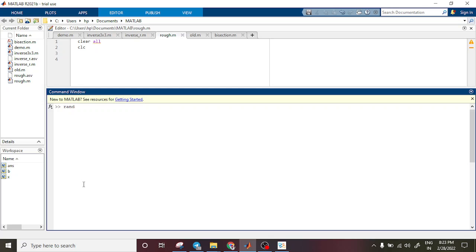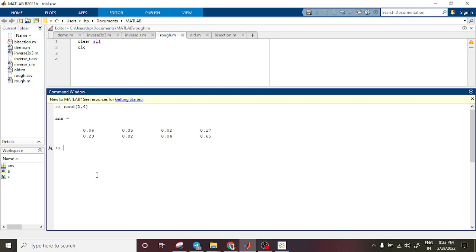So what kind of matrix am I taking? A 2 into 3 matrix. So these are random real numbers. If I want numbers from a particular interval, I can do that also.